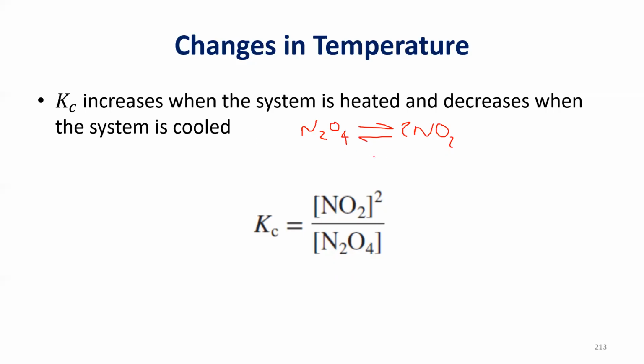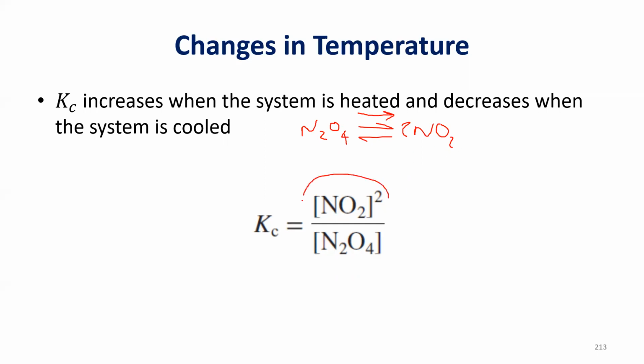When you increase the temperature, the system will move to use up the extra heat that has been introduced. Therefore, it favors the forward reaction, which is endothermic. So this forward reaction means that now you have more NO2.